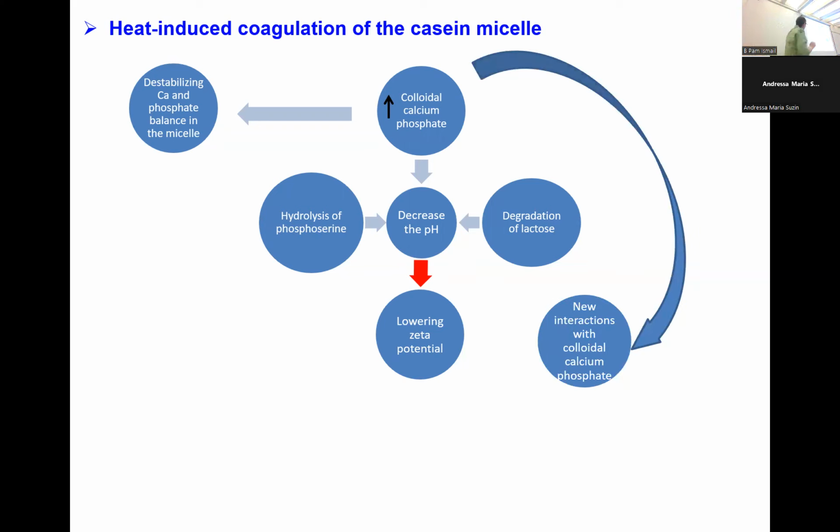So we will get new interactions that could happen if we have colloidal systems outside of the casein micelle. Then we might have calcium phosphate bridges between different micelles, bringing them together and causing aggregation.